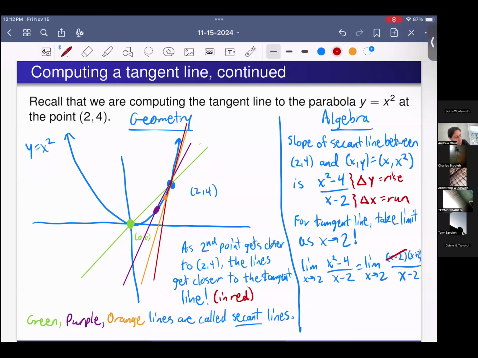Then the x minus 2's cancel each other out, because when we take the limit as x approaches 2, x is not equal to 2, so we're allowed to cancel out x minus 2. And so this is equal to the limit as x approaches 2 of just x plus 2. Now this is just a polynomial, so we can just punch in x equals 2. This is going to be 2 plus 2, which is equal to 4.